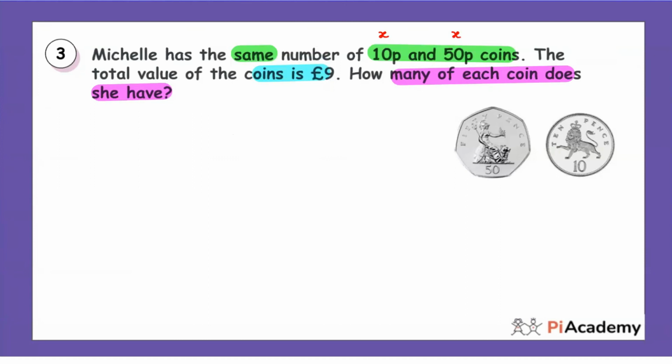So if I write here 10p, and here number of coins, the number of coins for 10p is x, and in the same manner, the 50p coins will also be x, right?